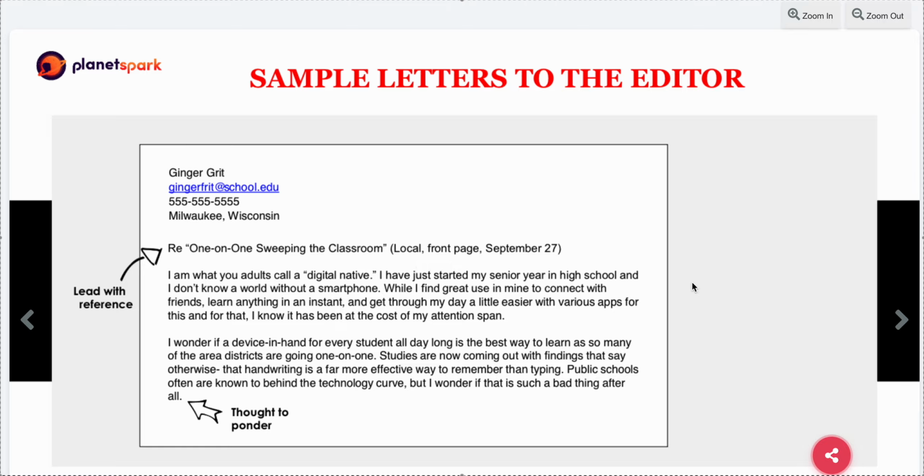Where the body part is when it tells the person he wants to send the message. Yeah, so read out. Identify the body part. I am a girl called a digital native. I just started my senior year in high school.